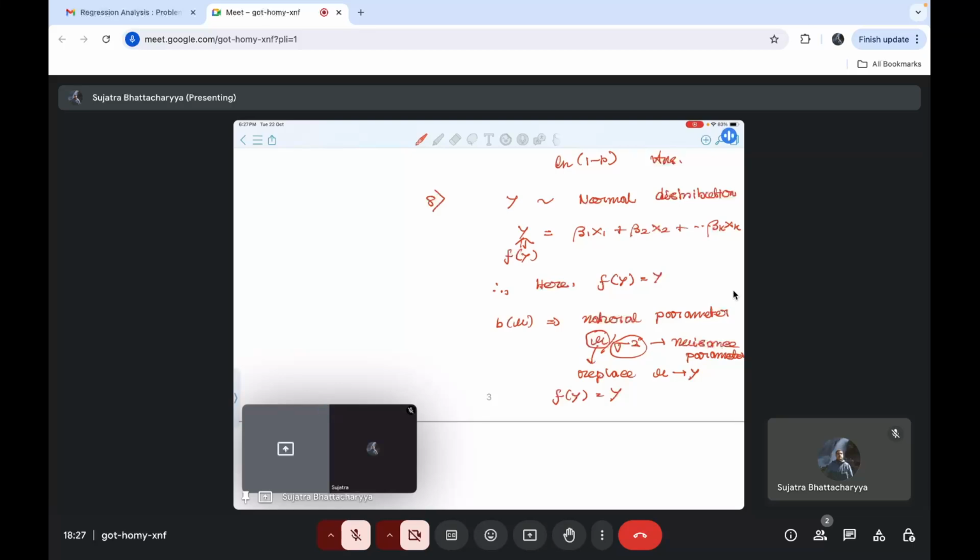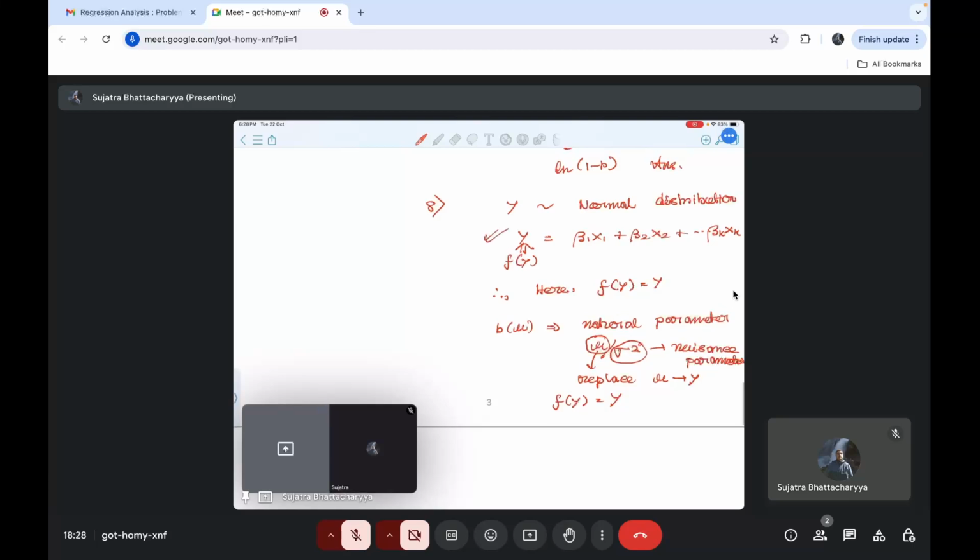Okay. So this is what our assumption is, that epsilon is a normal distribution with zero mean and sigma square variance, and y should also follow a normal distribution in case of a multiple linear regression model or simple linear regression model. So if y is coming from a normal distribution, we can definitely write it. Therefore, the reasonable choice is f of y is equal to 1.